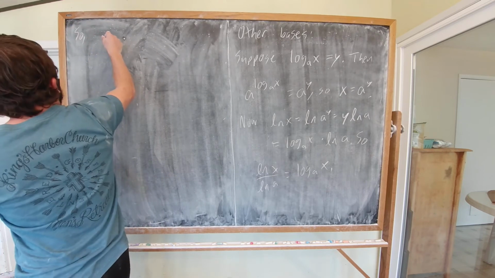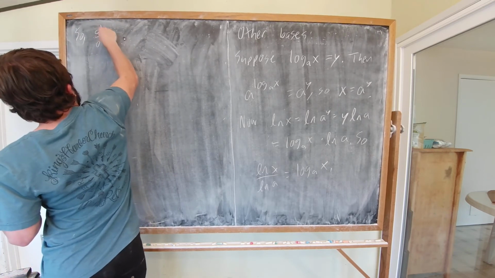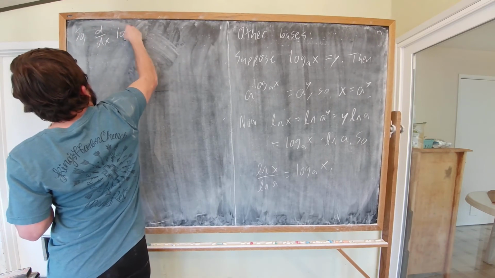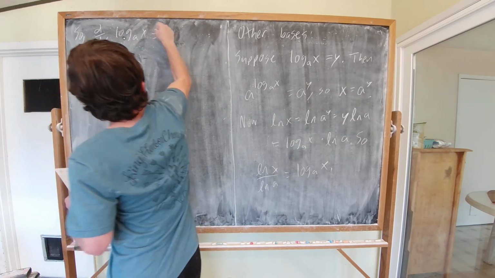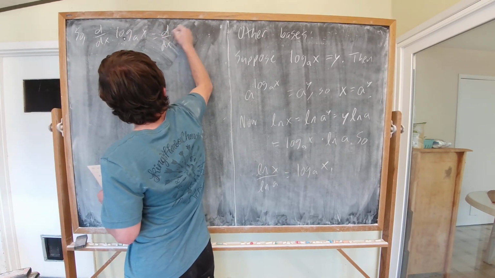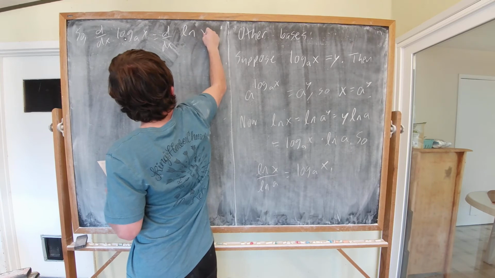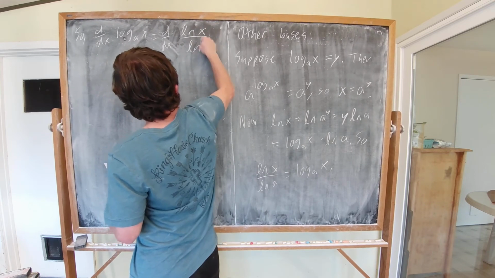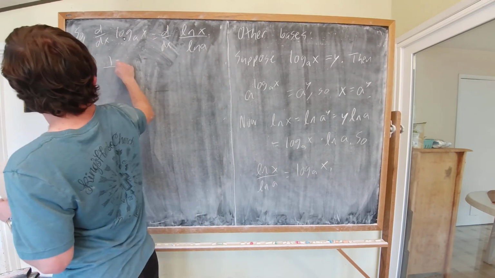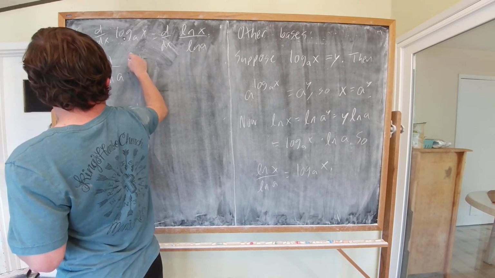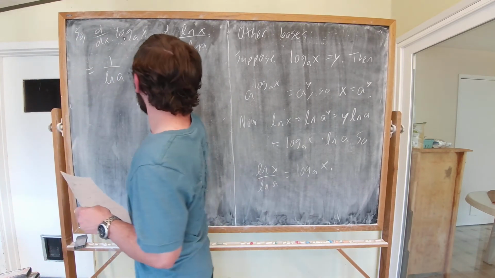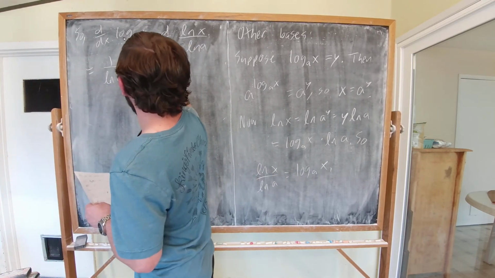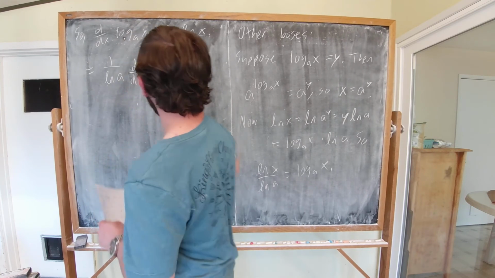So, the derivative with respect to x of log base a of x is the derivative of natural log of x divided by the natural log of a. Natural log of a is just a number, so we have 1 divided by the natural log of a times the derivative of natural log of x.